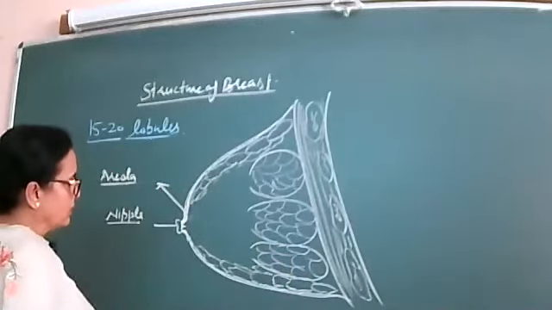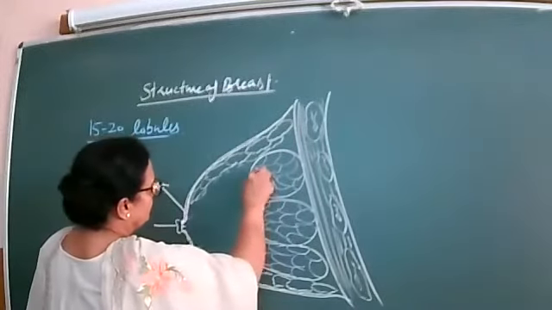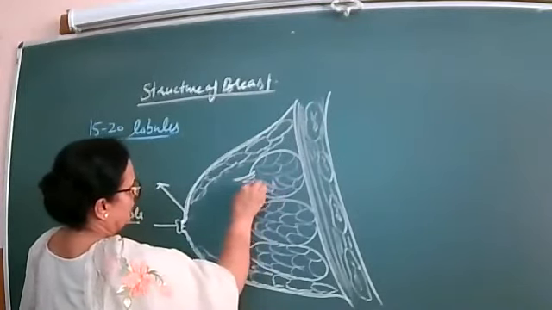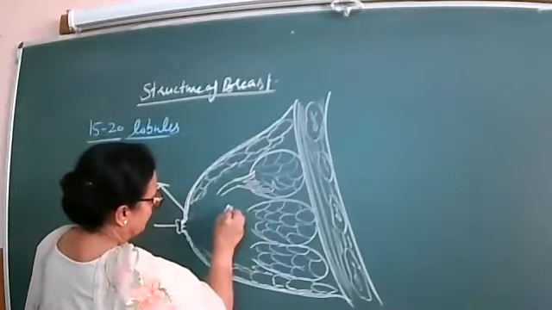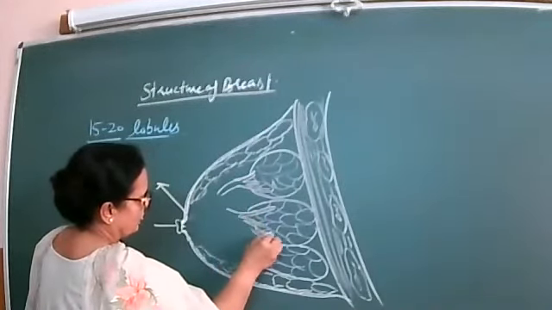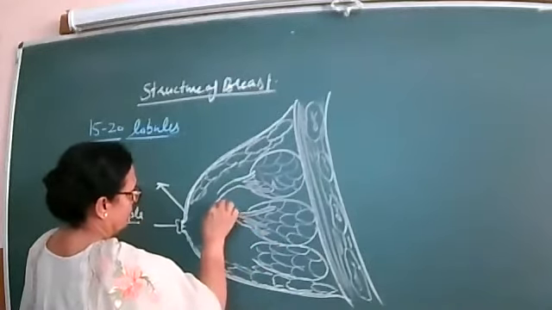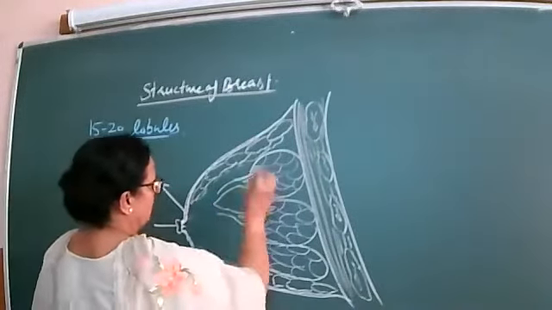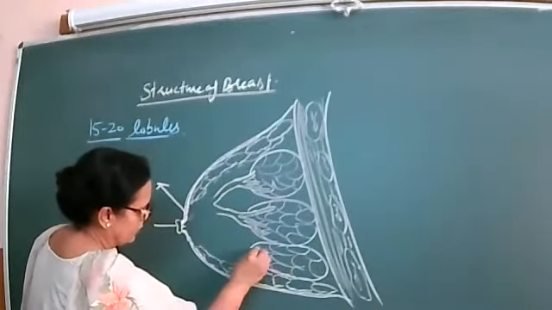And from these lobules, the ducts arise. So this is one of the ducts, right? Similarly, from this also the ducts, the smaller ones, are known as mammary tubules. This is then the mammary duct. I labeled that just now.